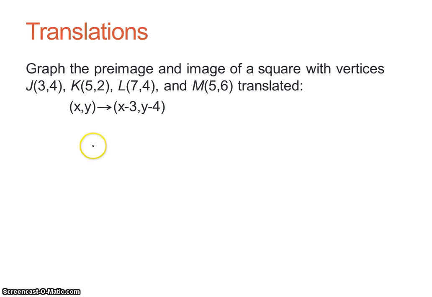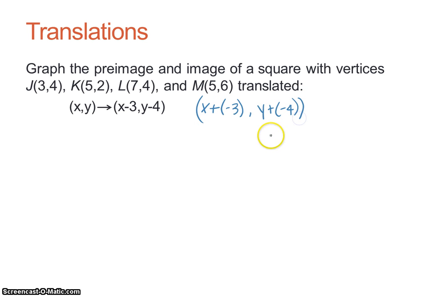Alright, now we're going to graph the preimage and image of a square with vertices J (3, 4), K (5, 2), L (7, 4), and M (5, 6). Now this time our translation is written in notation of (x, y) becomes (x minus 3, y minus 4). So x minus 3 is the same as x plus a negative 3. Alright, and then y plus a negative 4.